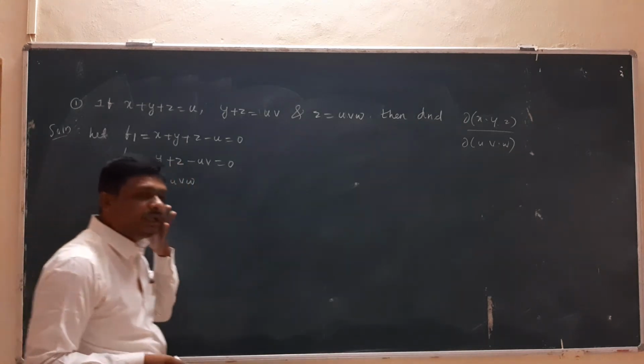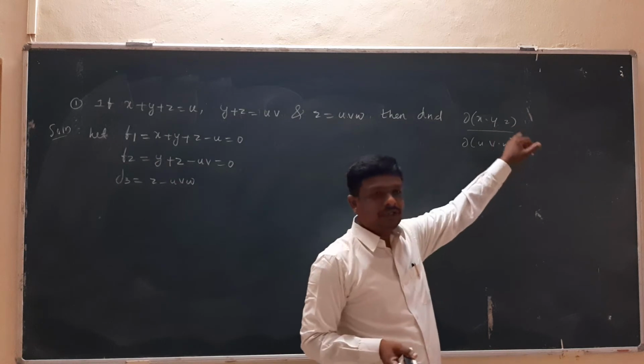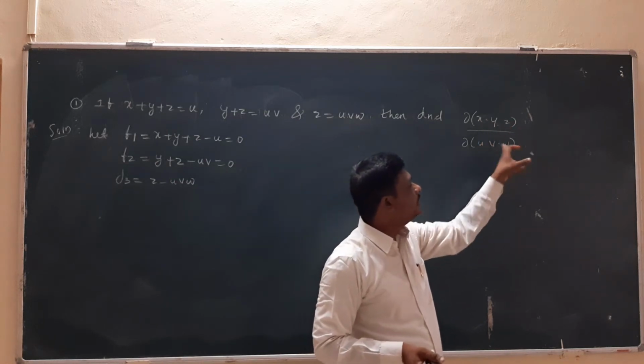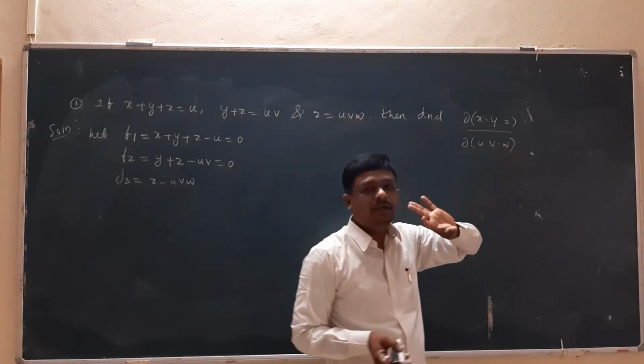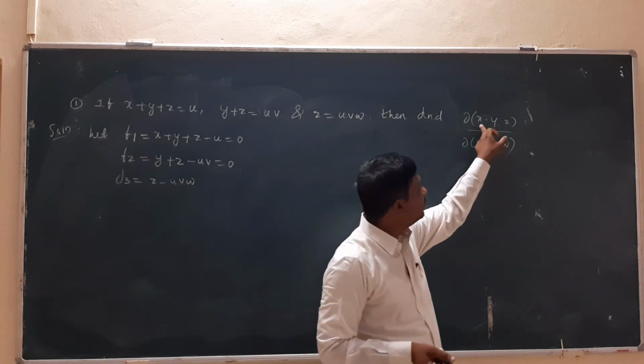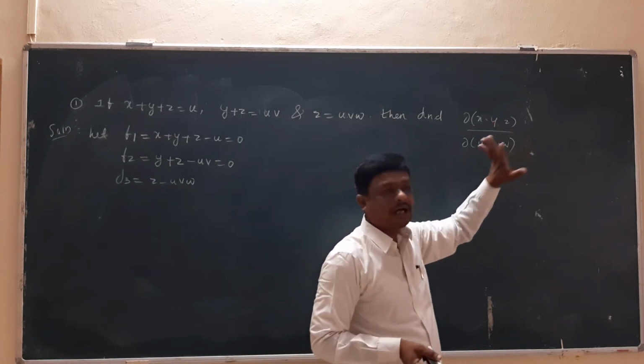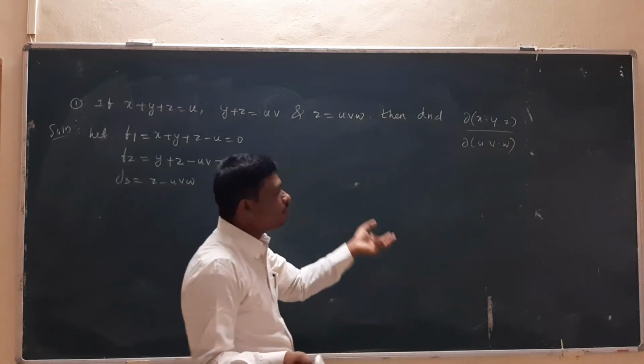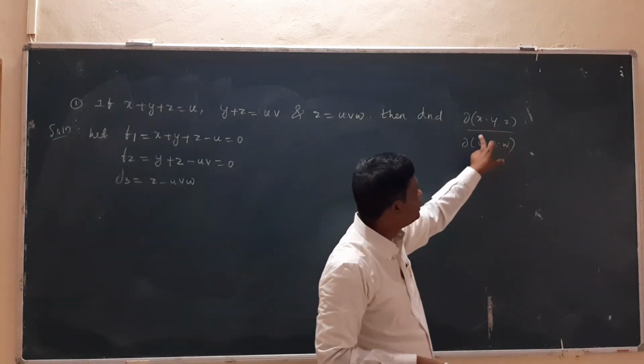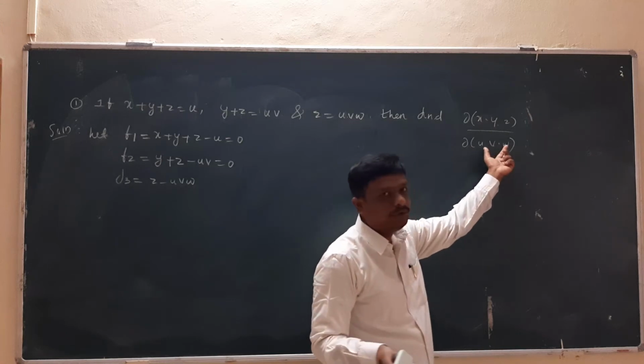See here, the question is we have to differentiate x, y, z with respect to u, v and w. So what it means here is, x, y, z are dependent variables and u, v, w are independent variables. If I want to differentiate x with respect to u, obviously v and w become constant.